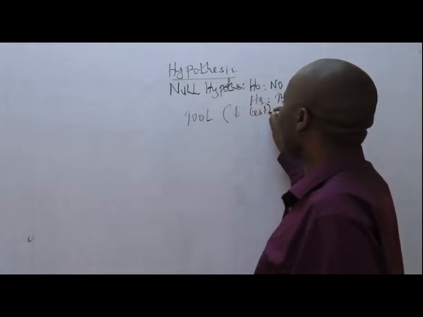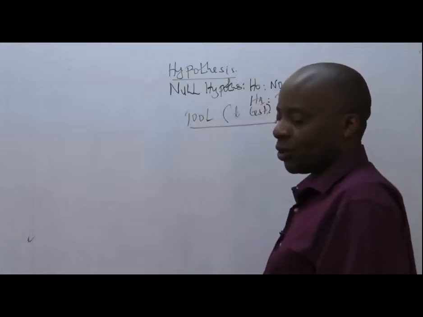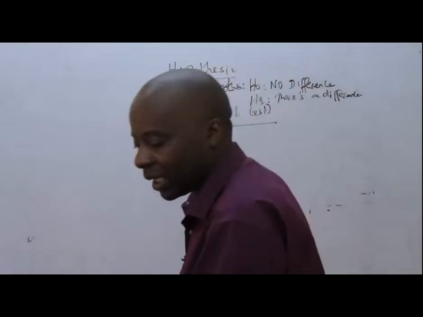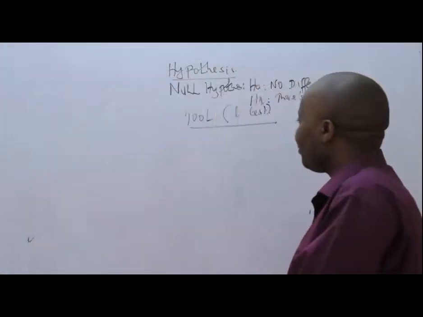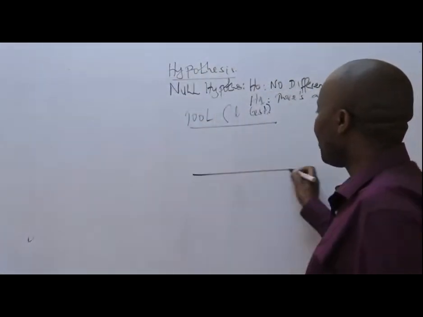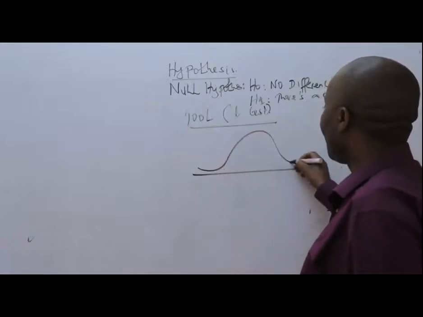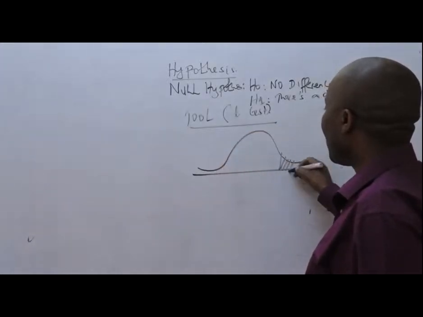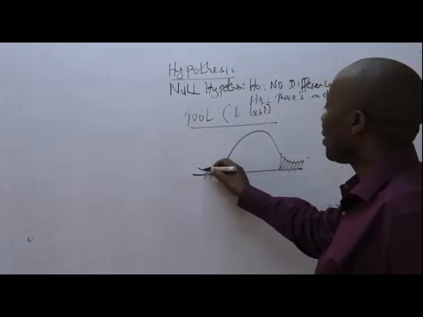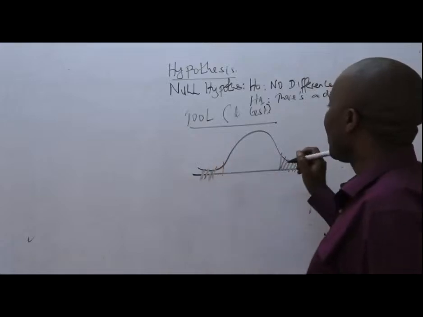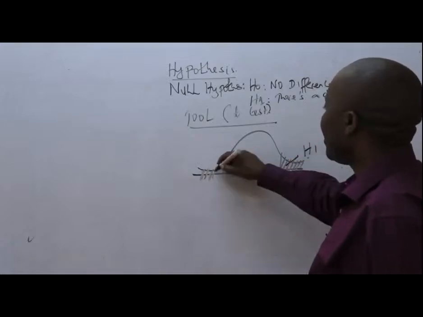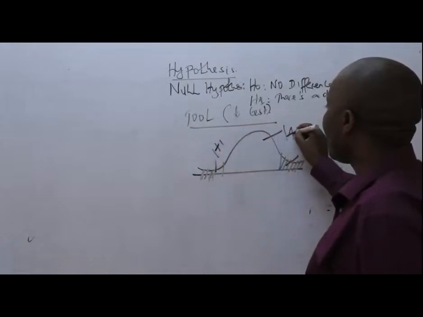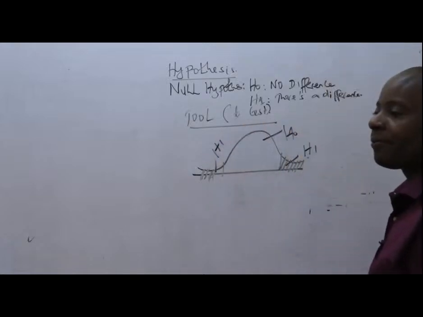t-test, right? So this t-test, ladies and gentlemen, I'll just come and draw my diagram here. For paired t-test, all paired t-tests are 2 tails, right? So I know this shaded is H1, this will be H0.